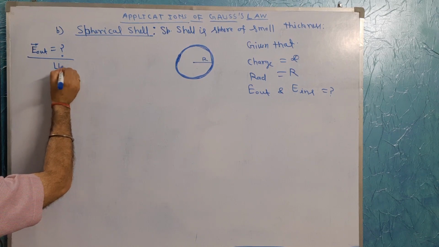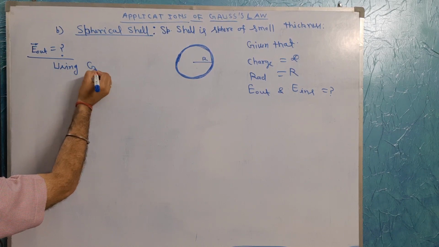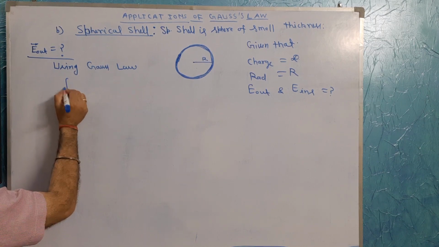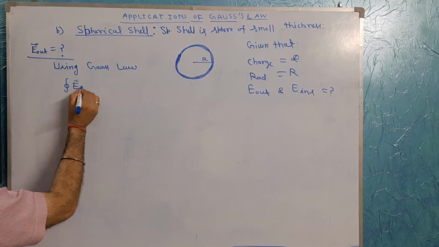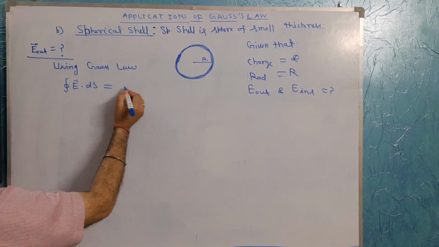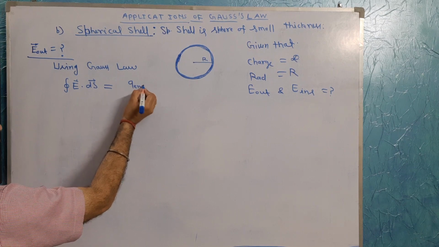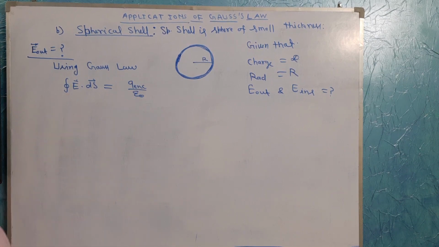So using Gauss law, what is Gauss law? Gauss law simply states that the flux through any closed surface, closed integral E dot ds, is equal to the charge enclosed divided by epsilon 0.